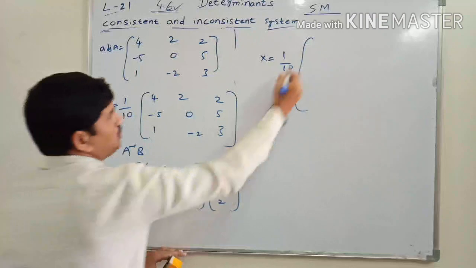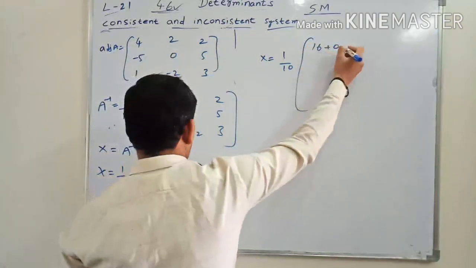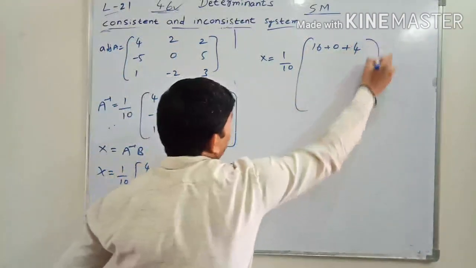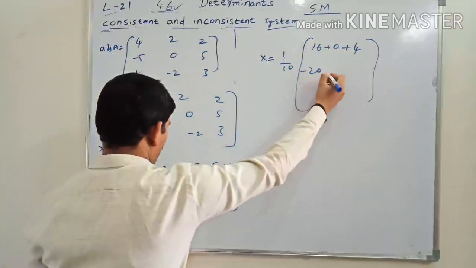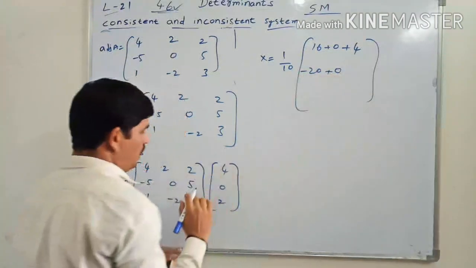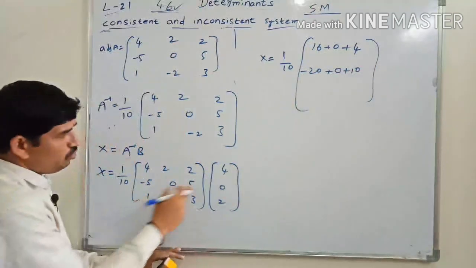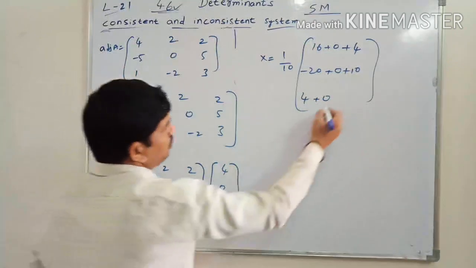First row: 4 4s are 16, 2 into 0 is 0, 2 into 2 is 4. Completed the first one. Again we take the second row: minus 20, the middle one is 0, and the last one, 5 2s are 10. Completed. And the last row: 1 into 4 is 4, the middle one is 0, next 3 2s are 6.